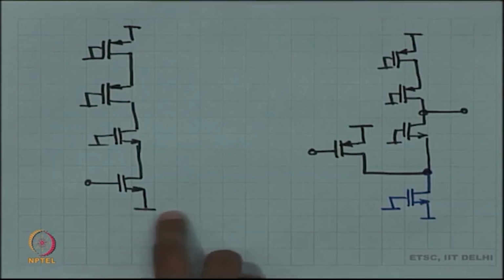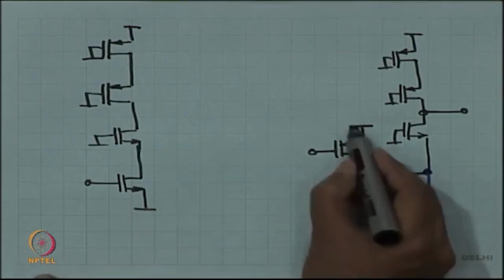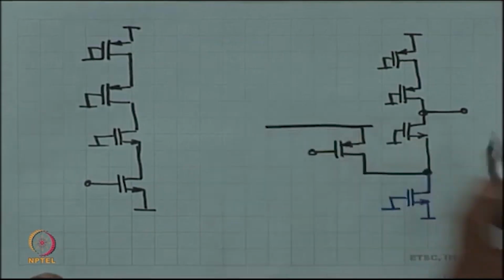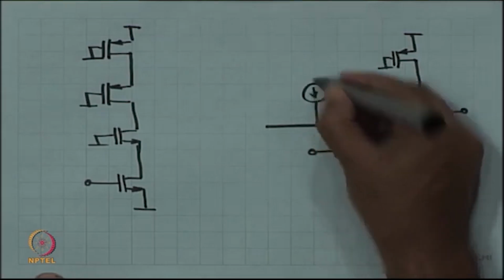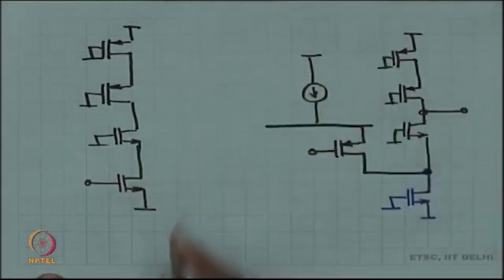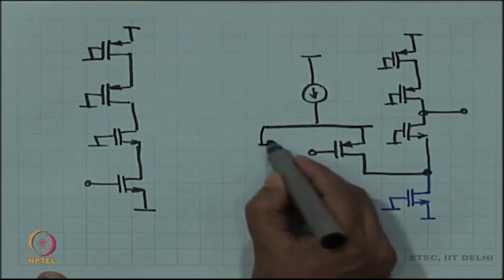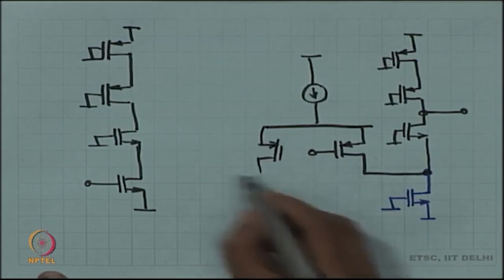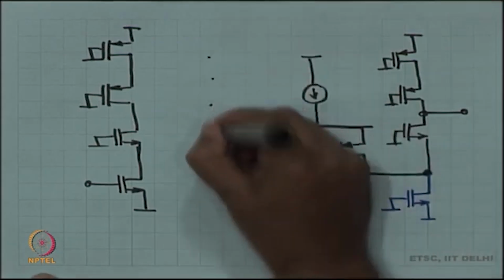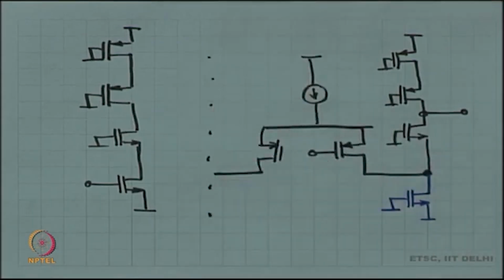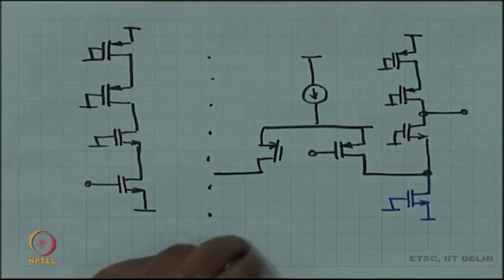The tail current source used to be over here, now it is going to be here. And then you mirror. So, this structure is called the folded cascode.